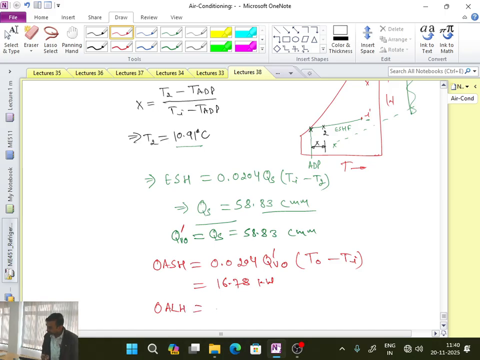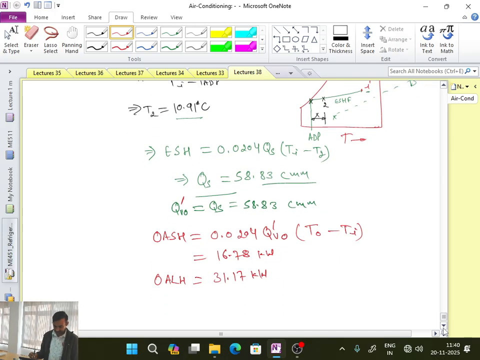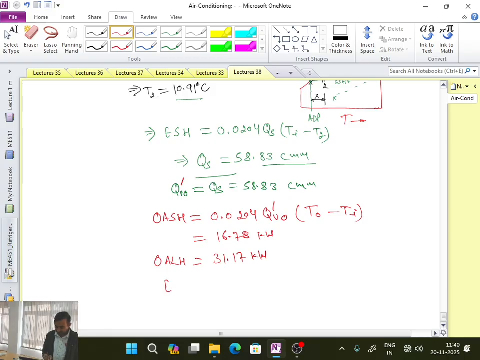OALH, I am not writing the formula now, directly the value. What is the value of OALH? Please tell me the value for OALH. 31.17. Yeah. Now I will calculate the new effective sensible heat load.